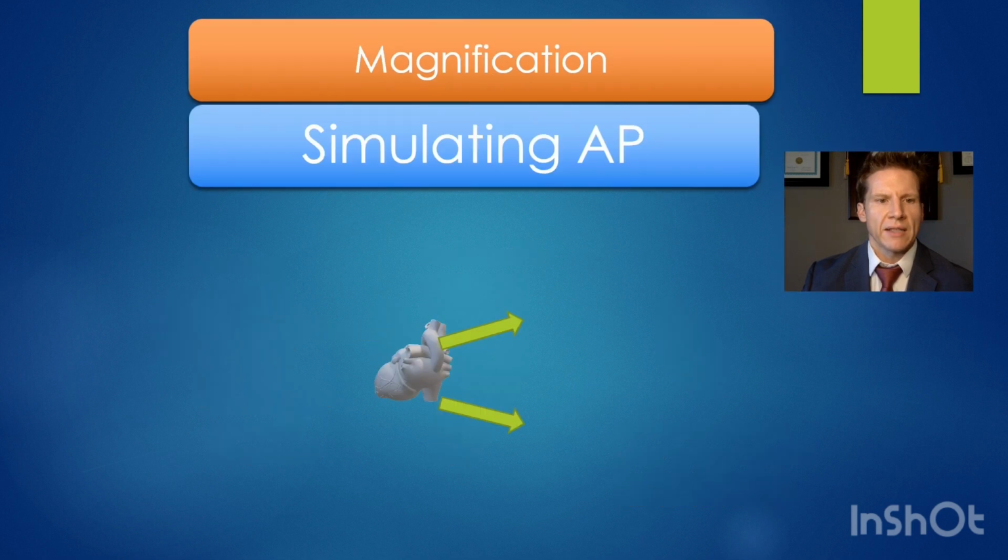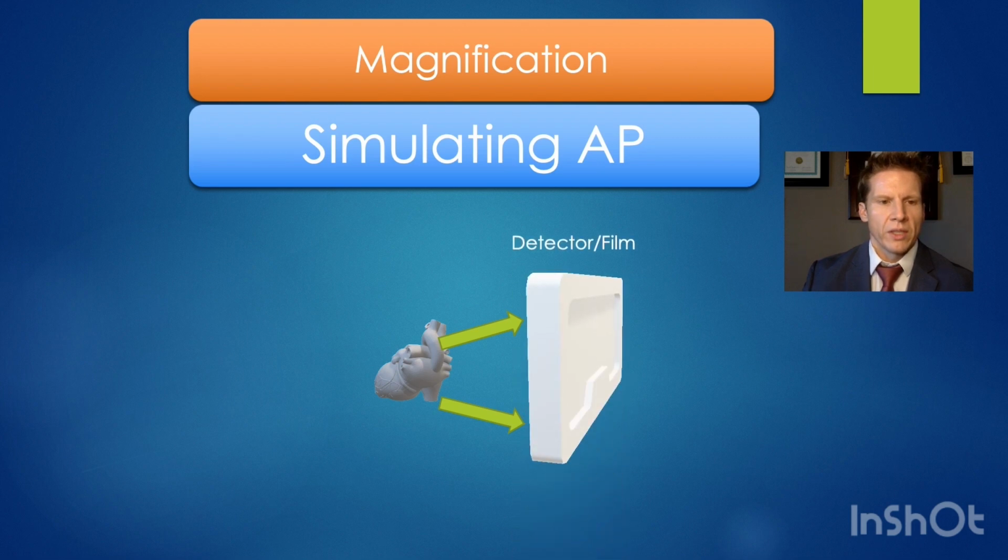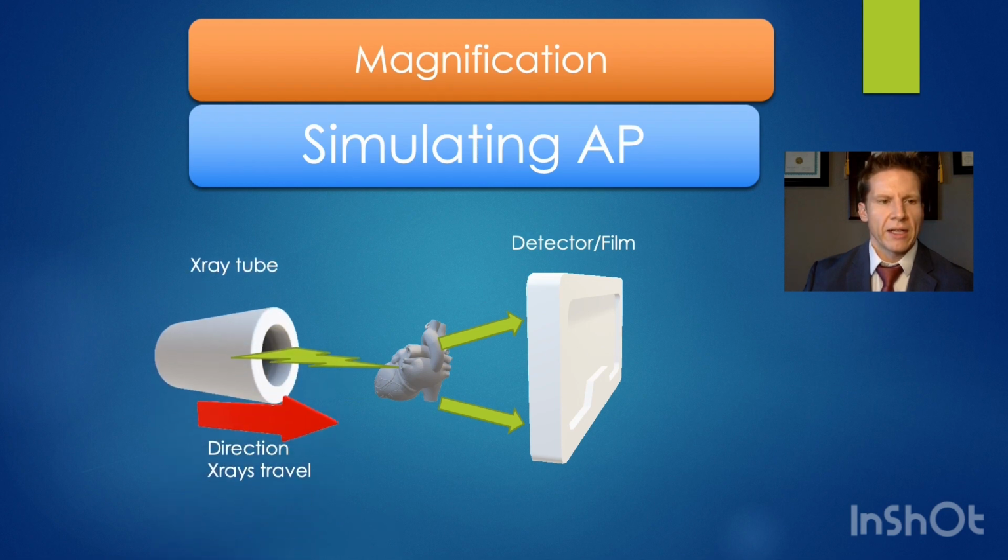Now let's contrast that with an AP view. Again, we have the heart, which is further away from the detector, and the x-ray tube is now closer to the heart, with the x-rays traveling from anterior to posterior, and these x-rays are divergent. So you've got these x-rays diverging and spreading out, resulting in magnification.